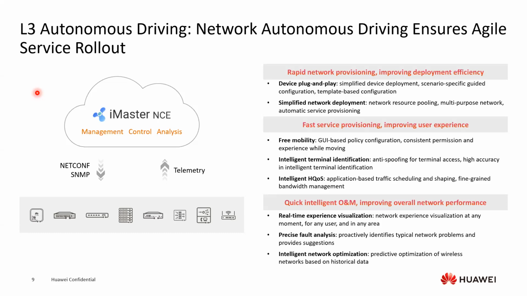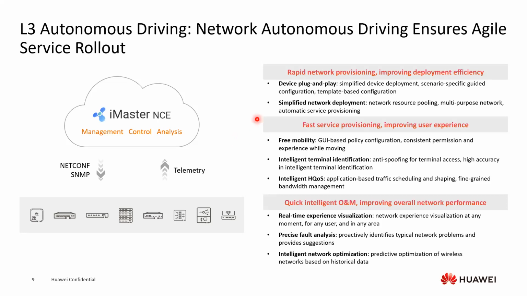We have to bring human errors down to zero. For example, if you're doing configuration, there might be some issues, or you might make some errors in the configuration. To reduce or in fact eliminate that, iMaster provides automatic deployment of the network. We'll see how we can do that in the following slides.